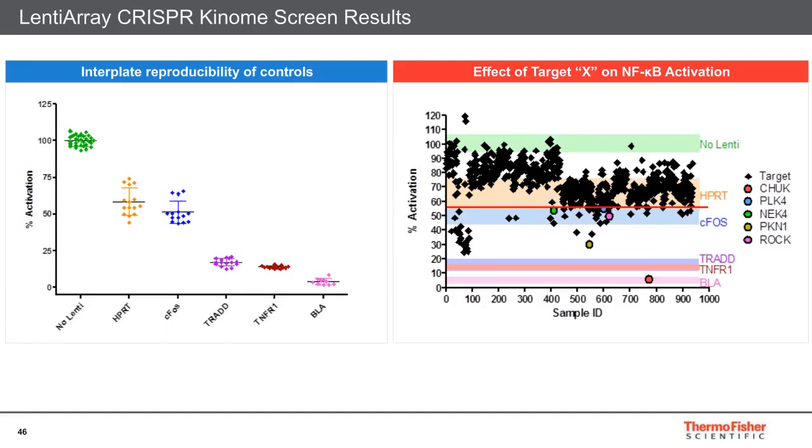What you see on the left-hand side is just a reference point, and depending on the reference point, we drew that arbitrary red line which separates the true negatives from the positive hits. And as you can see, some of the colored dots shown on the plot, like PLK4, CHOC, NEC4, KN1, are known, very well characterized players in the NF-kappa B pathway. So we did identify already known targets, along with some unique targets.